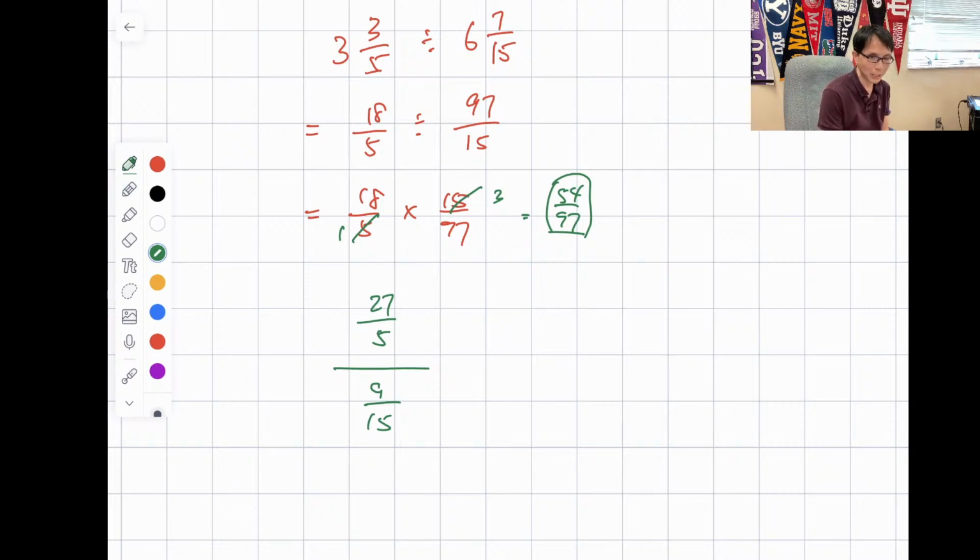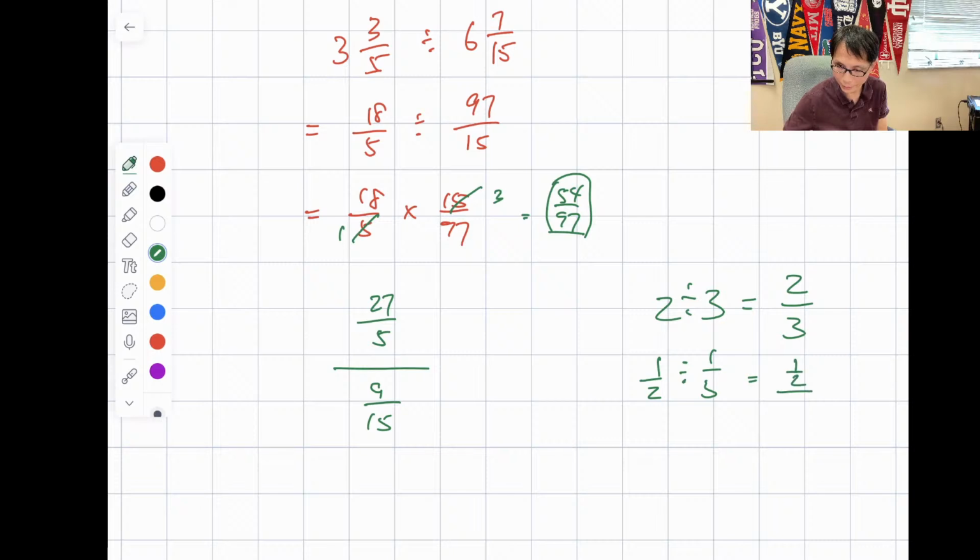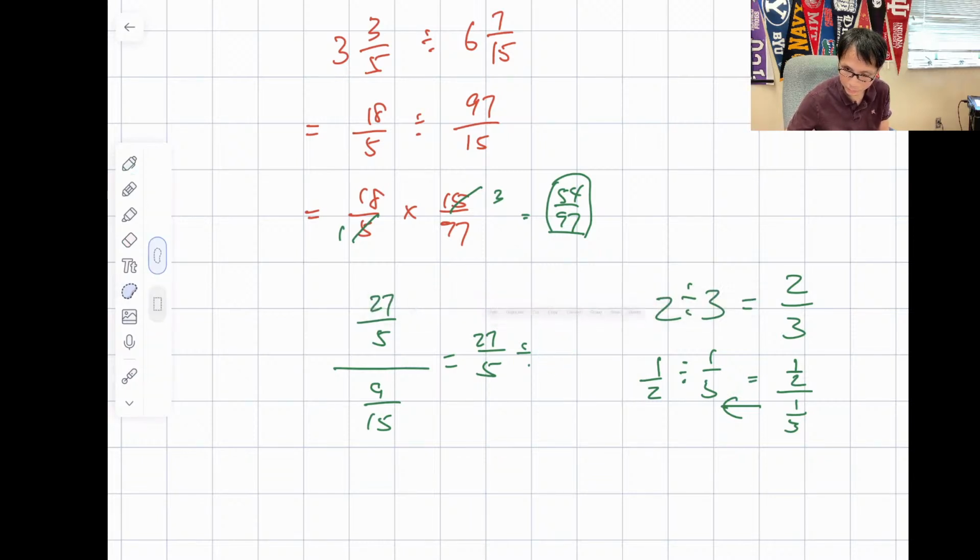But what I'm trying to get to is this. Do you know that 2 divided by 3 is 2 over 3, right? Do you know that 1/2 divided by 1/3 is 1/2 over 1/3, right? Can I change this way to like this? So can I change 27 over 5 divided by 9 over 15? Does that make sense or no?